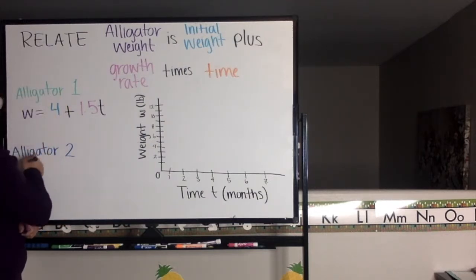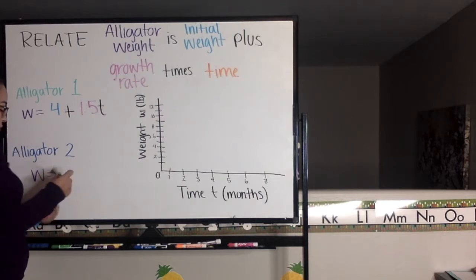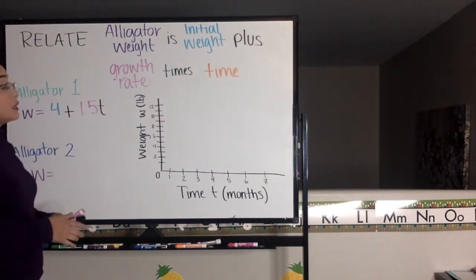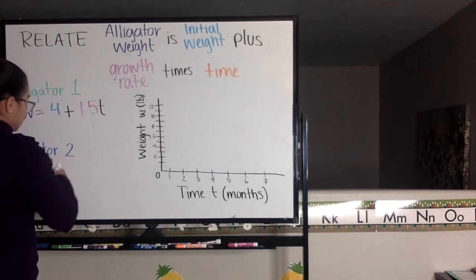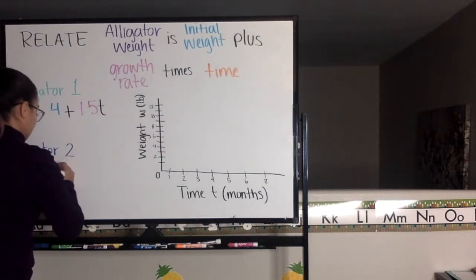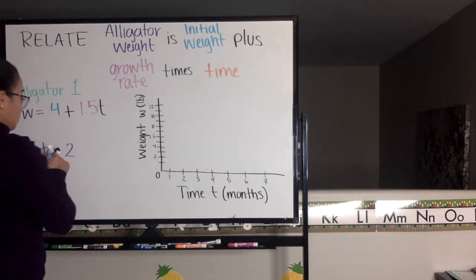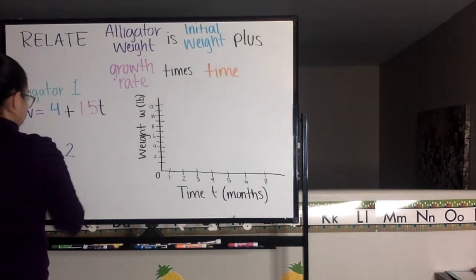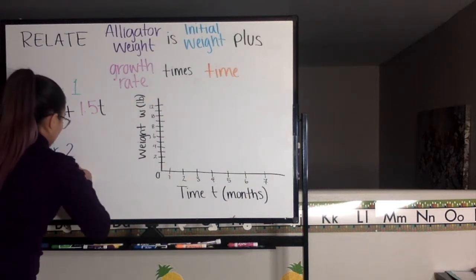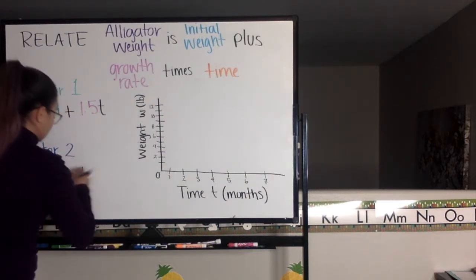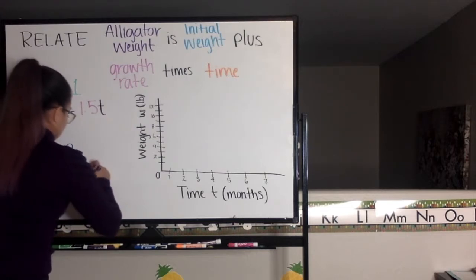Now let's work on our alligator 2. Same thing. We have W equals our initial weight for alligator 2, which was 6 pounds. And of course, we are adding that to 1 pound in t time.